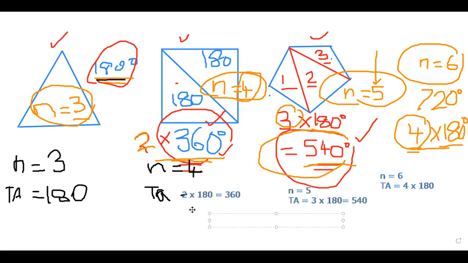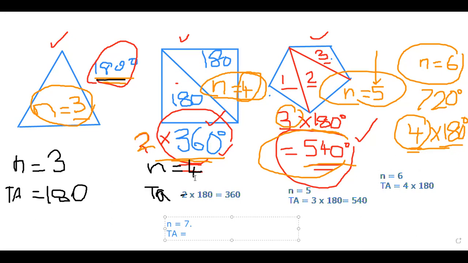So now when my n is, let's say, 7, my total angle is going to be how much? Everything is minus what? Minus 2. It's minus 2.